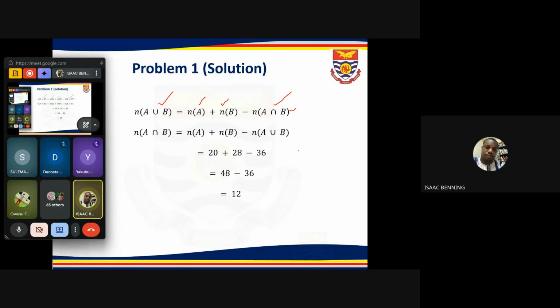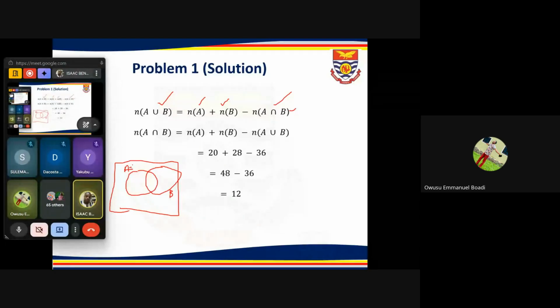Another way you can do this is by drawing the Venn diagram itself. Like that. So we have A, we have B. In the question, we have been given A to be 20. We are given B to be 28.